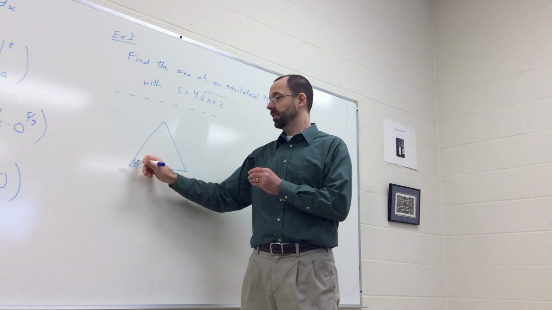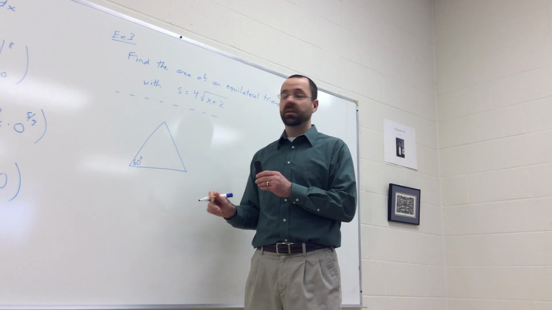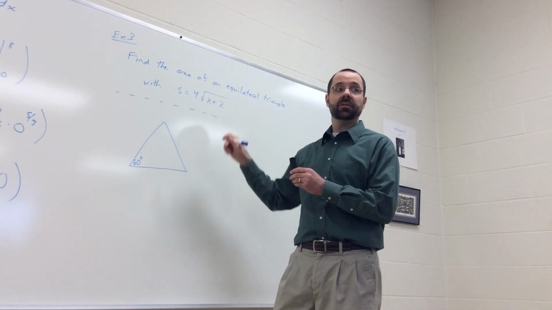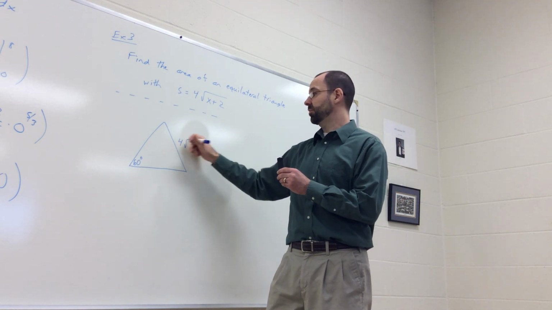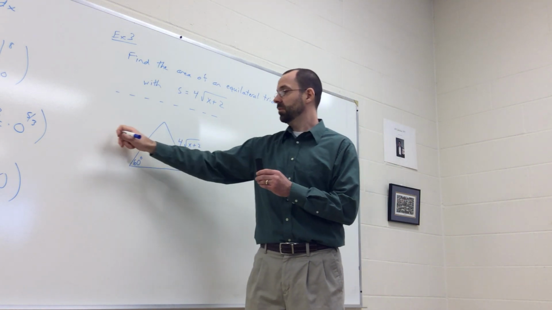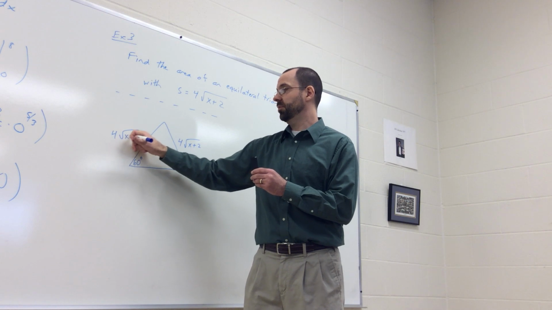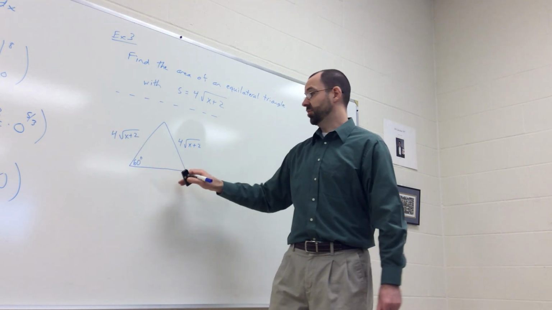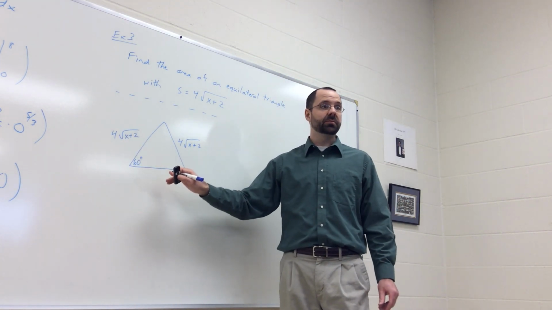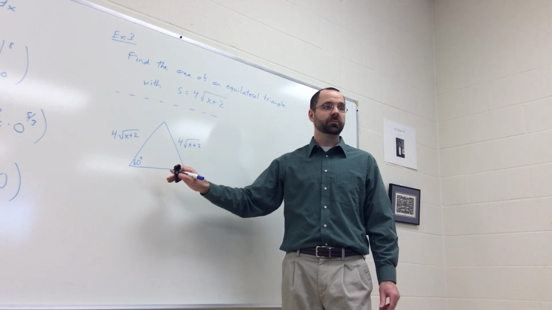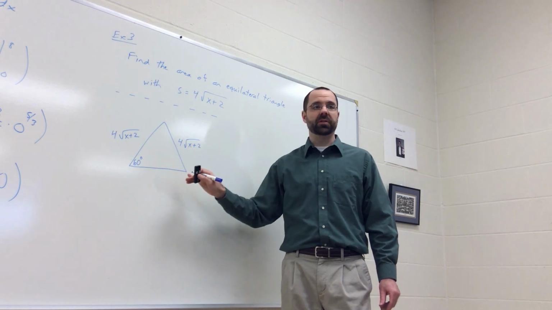So that's 60 degrees. Every side is that. So 4 square root of x plus 2, 4 square root of x plus 2. Base is also 4 square root of x plus 2. I'm not going to label that one though.